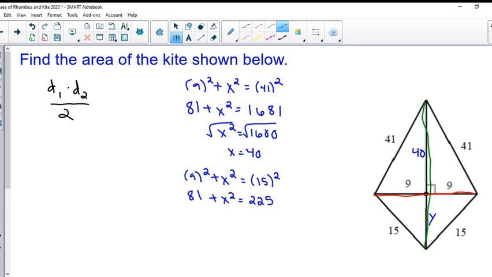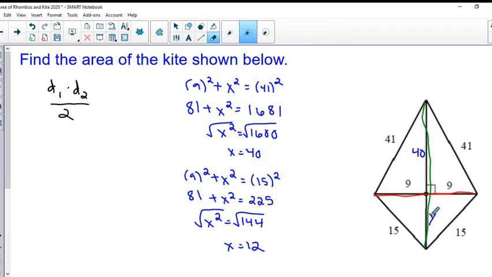We're going to move that 81 to the other side with subtraction and get x squared equals 144. Then square root, and we get x equals 12. Oh, I apologize. Those were all supposed to be y's, but hopefully you followed that. I'm going to erase my y, and I'm going to put 12 in for my y.